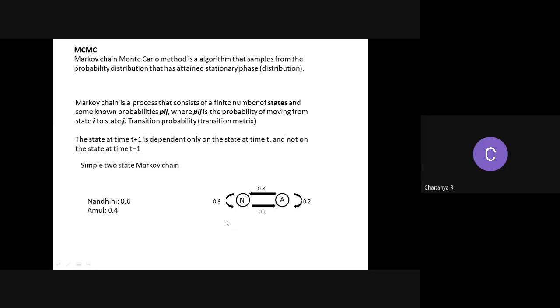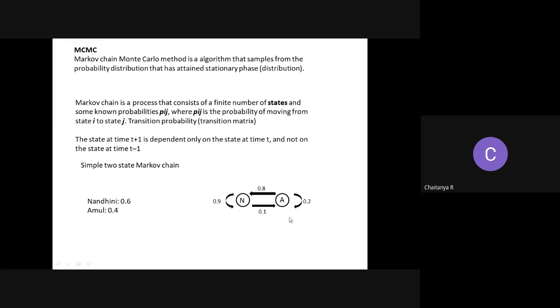If you see the flowchart on your right, it's more like a state transition diagram. Let's say there are two milk manufacturing companies, Nandini and Amul. At present, Nandini has 0.6 of the market share, as in 60% of the customers are with Nandini and 40% are with Amul.